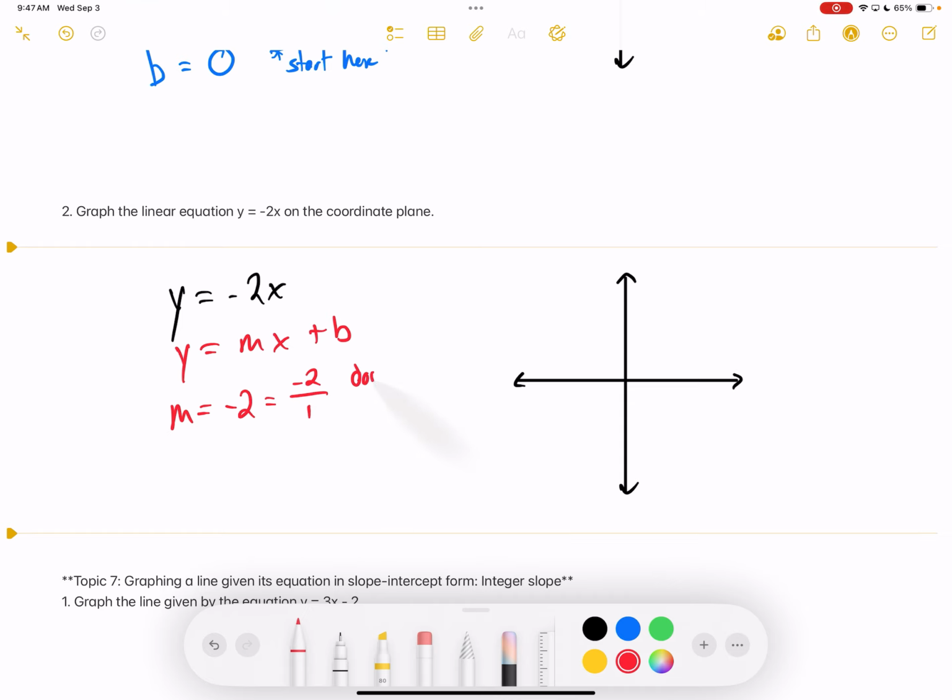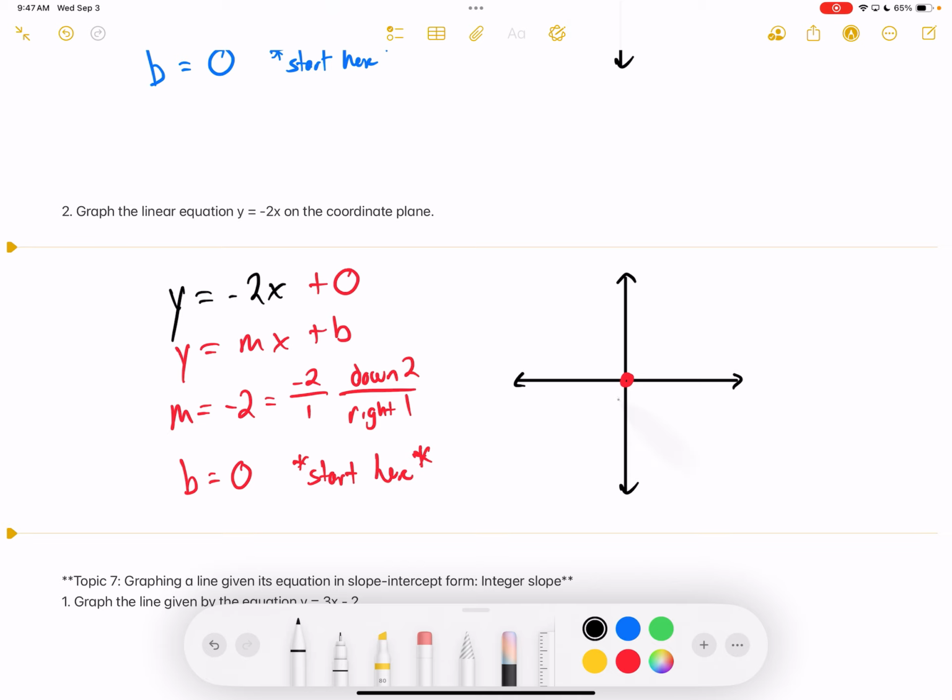So I'm going to go down 2 because it's negative. So up if it's positive, down if it's negative. The bottom number always tells you how much to go to the right. I'm going to go down 2 to the right 1. And then my y-intercept again on this one, there is nothing there, so it is going to be 0. That is my starting location. So I start at 0.